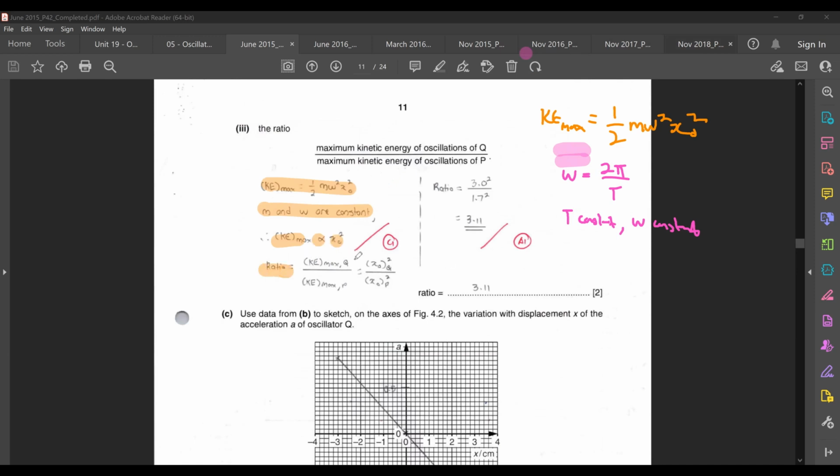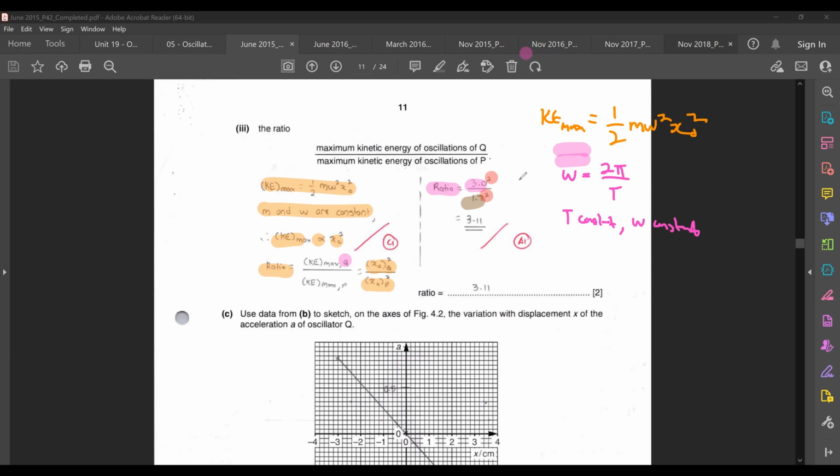Your ratio is really just going to be the ratio of your amplitude of Q square to amplitude of P square. So you read from the graph, the amplitude of Q is 3 centimeter. The amplitude of P is 1.7 centimeter. Don't forget to square them, okay?